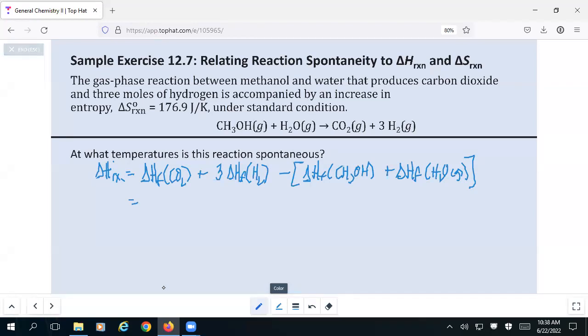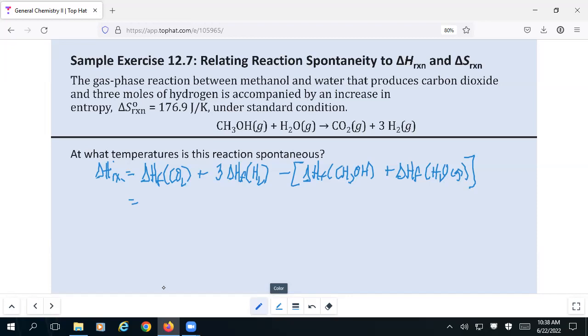So these values you get out of a reference text, either the appendices in your book, a CRC handbook, your lecture packet. You get them from somewhere like that. And which one you use, again, really just depends on what you need to do.